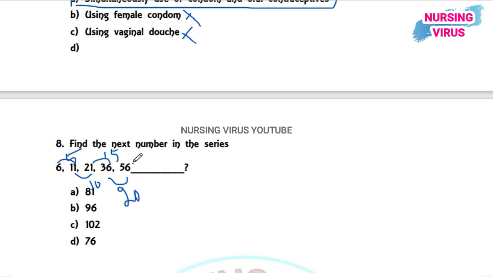So most probably the 5 series is coming, so the next number we need to add 25. So 25 plus 56, we get 81, which is the correct next number for this series.